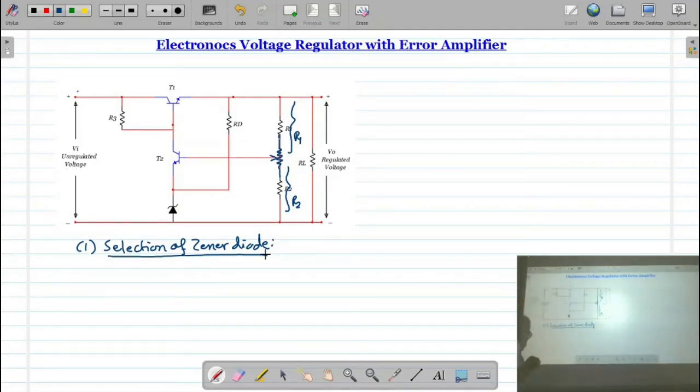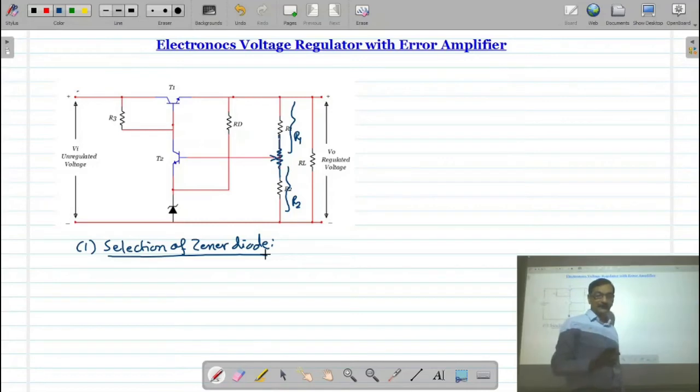Now, there is no particular formula for the selection of the Zener diode. But normally, whatever the value of the Zener is, it should be half of your required voltage. So suppose I want an output voltage of 10 volt, I want to make a power supply of 10 volt, then the Zener voltage must be 5 volt.